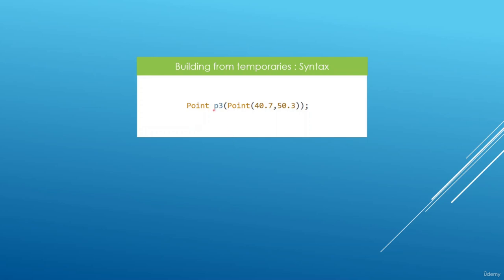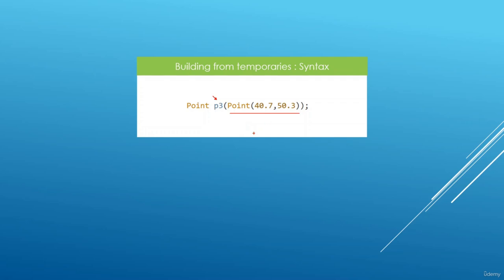Here we have a point object which is being built from another point object. So this would really use the copy constructor, but notice what we are building from. It is a point that we are building in place here. So the constructor is going to be called from what we have in the parentheses here, and we're going to build a temporary point object, whose sole purpose is to be used to build another point object, which is going to be P3 here.